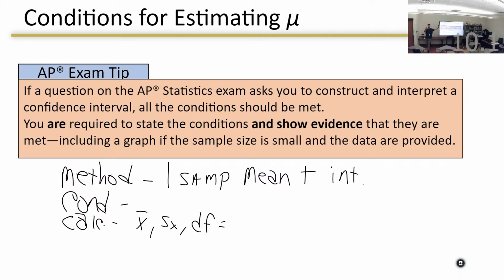You don't have to put the T critical value, and I recommend not putting it. Because if you put a T critical value that actually does not work with your interval, you're going to get dinged. You follow what I mean? If you calculated a T critical value and then you use your calculator to calculate the interval, it may have used a different T critical value.